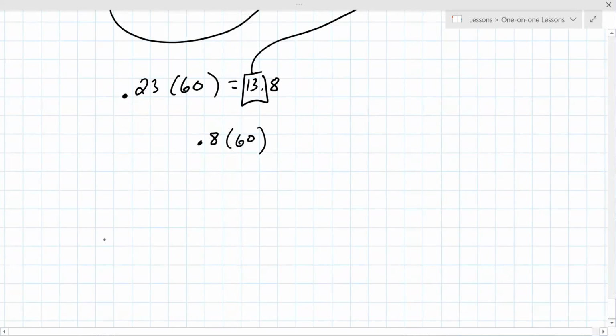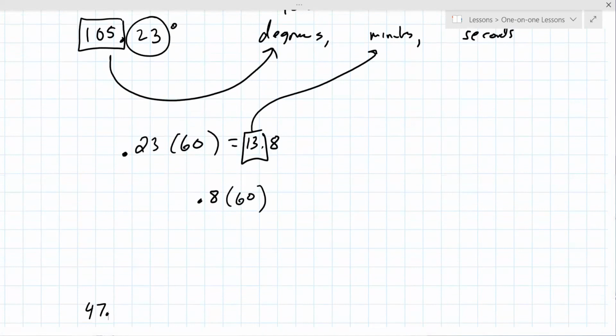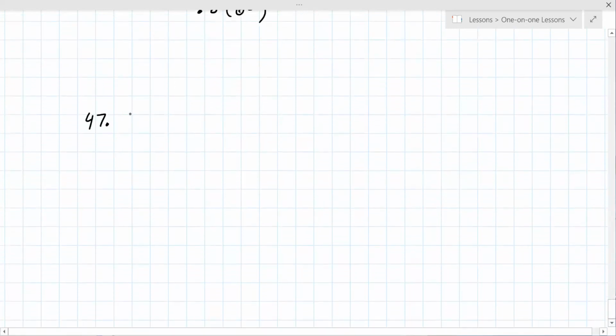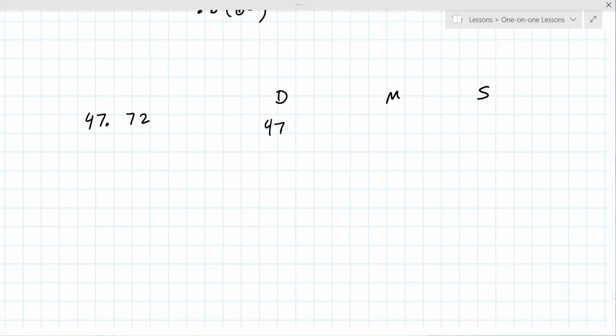Okay, so you're going to do one here. Let's say it's 47 point, what did I choose up here? 72. So why don't you convert that to degrees, minutes, and seconds? Okay, so it's 47 degrees. And then it's 0.72, 43.2 minutes.